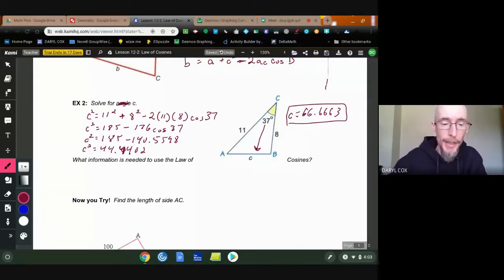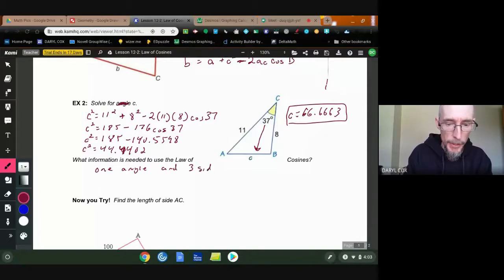Simple as that. Now, what information do I need to use the law of cosines? That's important to know because we talked about the information needed for the law of sines in our last unit. For the law of cosines, I need four things: one angle and three sides.